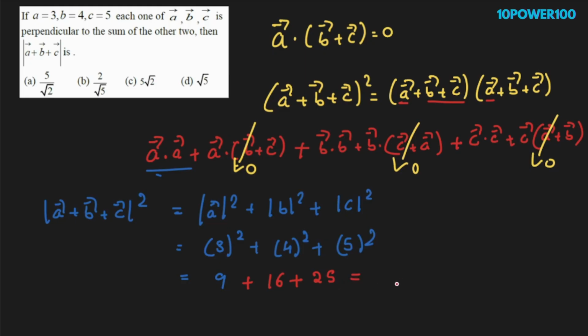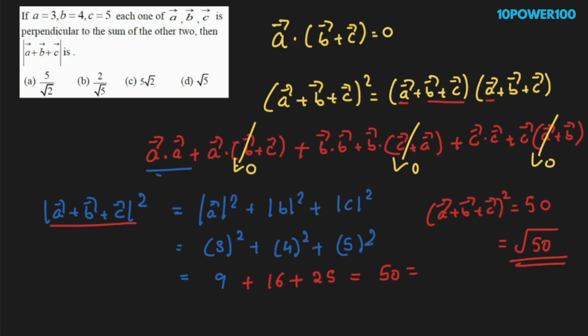So 25 plus 25 is 50. Since we are finding out only A plus B plus C, we have to find the root value. So vector A plus B plus C whole square is equal to 50. So what is the final answer? A plus B plus C is equal to root 50. Root 50 is the answer.